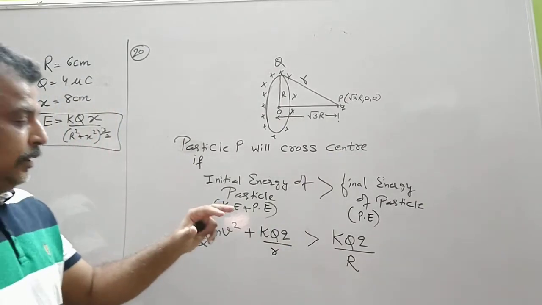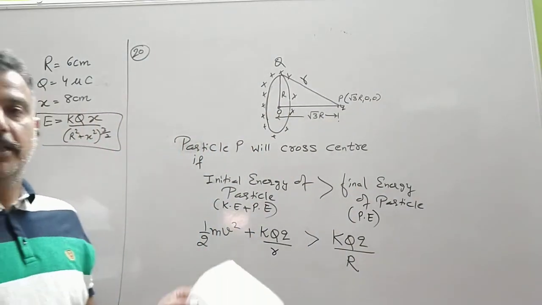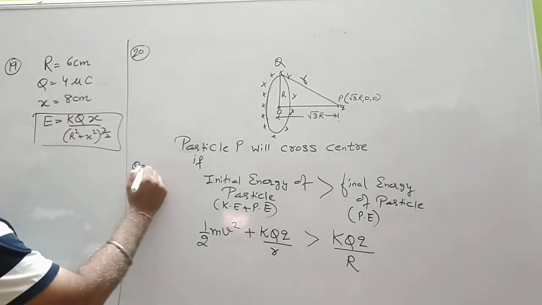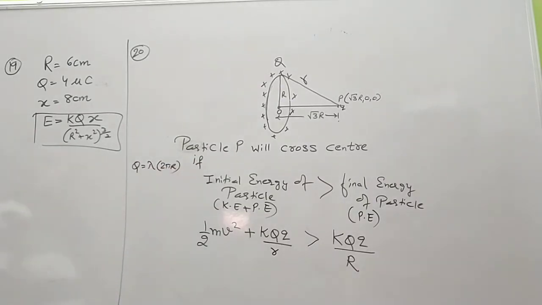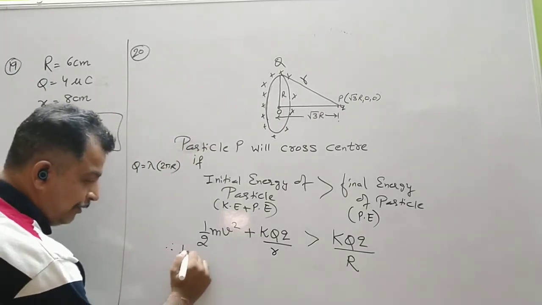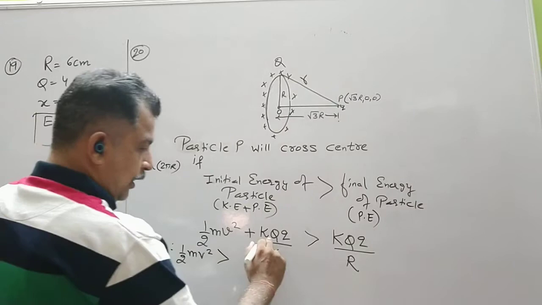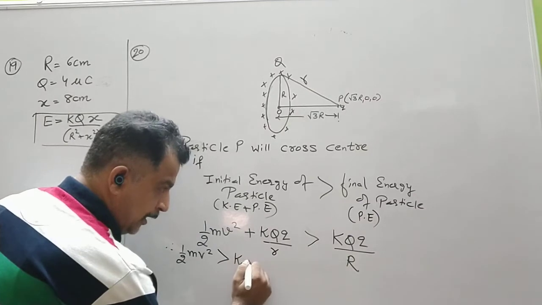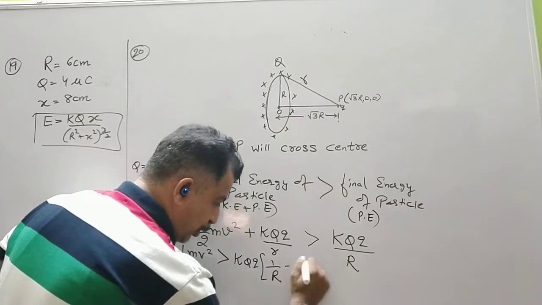Now, because the option given is in the form of lambda, if you refer to this option, we have in the lambda question, q is equal to lambda into 2 pi r. So therefore, half mv square is greater than, I take this to that side, so k q into 1 upon capital R minus 1 upon small r.